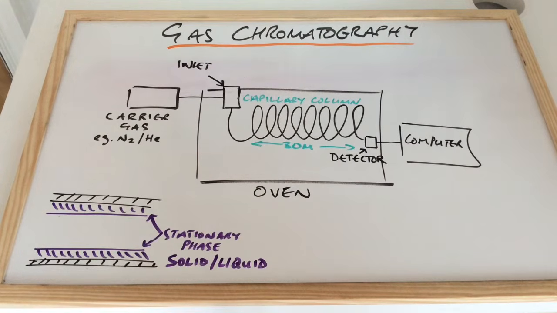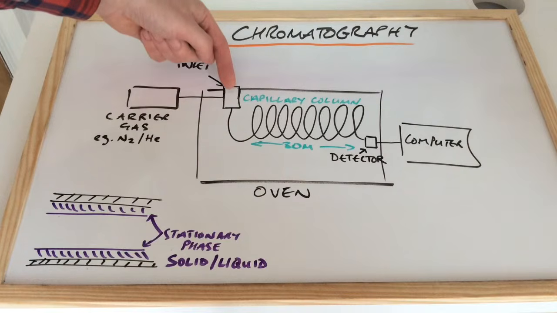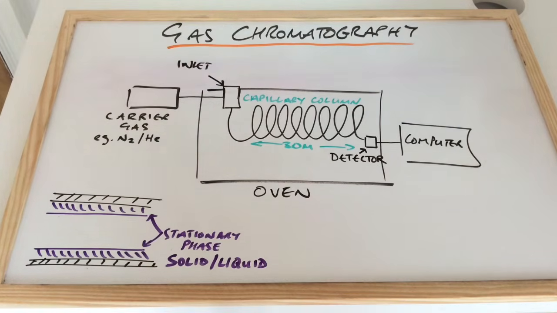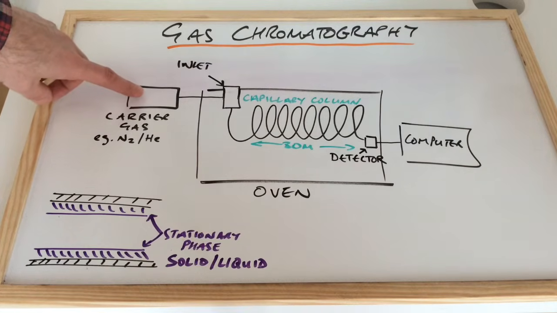So we've got a mixture of various compounds with low boiling points, and they would be injected at this point here. And the mobile phase, the substance that moves in this separation technique, is the carrier gas.